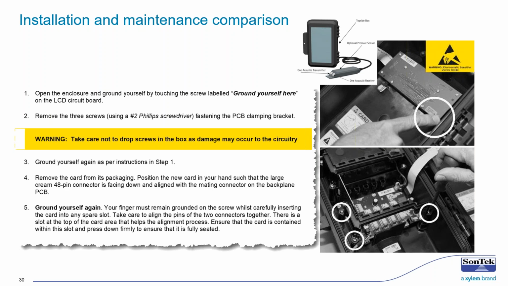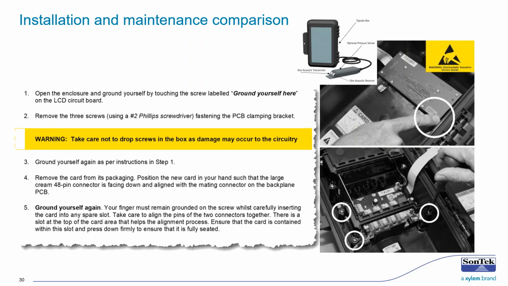Here's an example of what should be something fairly straightforward. In this little excerpt that I took from a manual, there are some pictures that actually walk you through the process of installing a module that will enable a Modbus output or an SDI12 output.